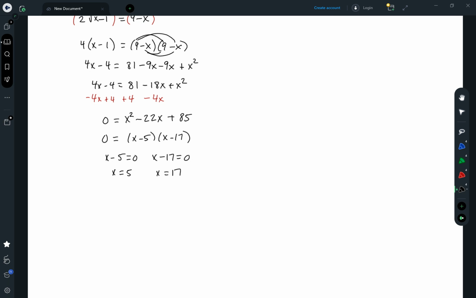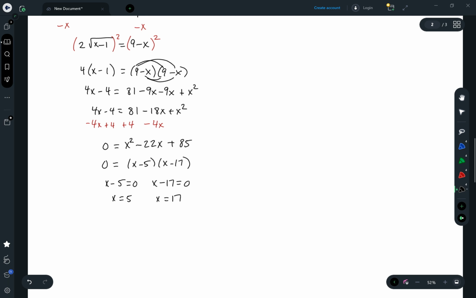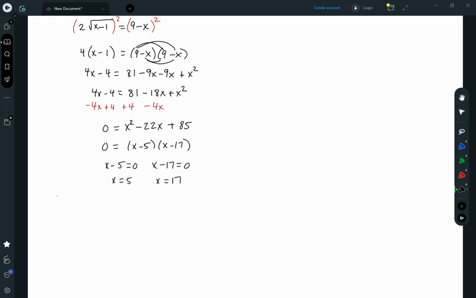Again, we must check for extraneous solutions. It's possible that these are both solutions to the equation, it's possible that one of them is extraneous. So we're going to have to plug both of these into the original equation, x plus 2 square root of x minus 1 equals 9.